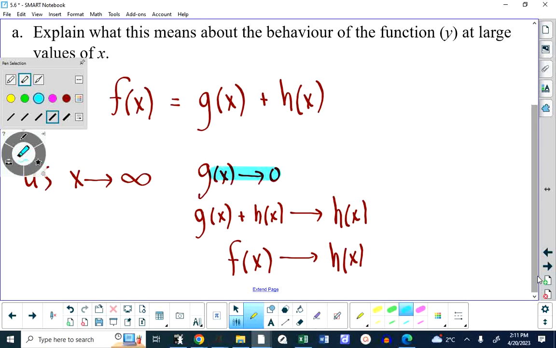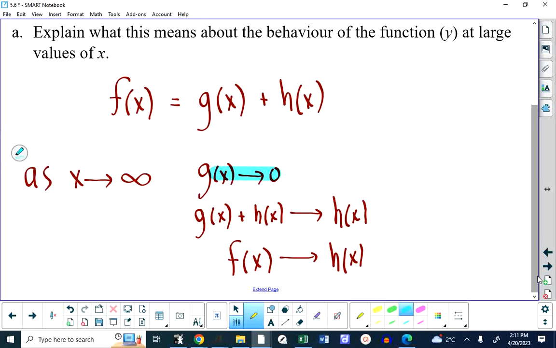It becomes really close to 0. So f of x is going to become really close to a small number plus h of x. Now, when you start talking about, say, a horizontal asymptote, we say that the function approaches that value of y. Here what we're saying is the function is going to approach another function. And we're going to see what that looks like in a minute.